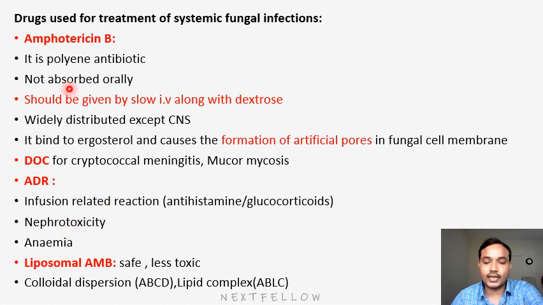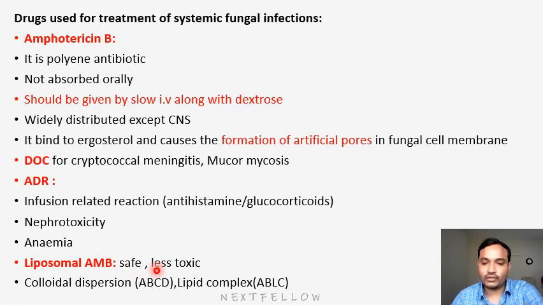This is regarding amphotericin B. It should be given slowly along with dextrose. The main action is formation of artificial pores in the fungal cell membrane, causing leakage of intracellular fluid and thereby death of the fungus. Next drug is liposomal amphotericin B. It is safe and less toxic.